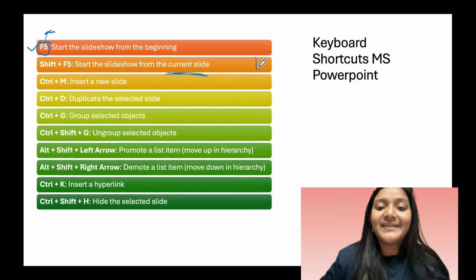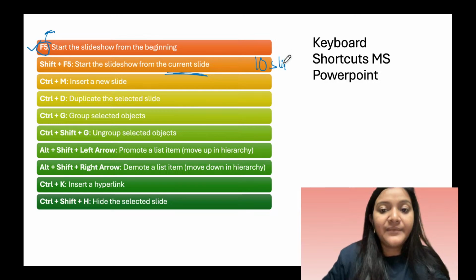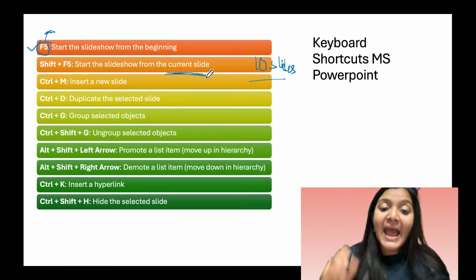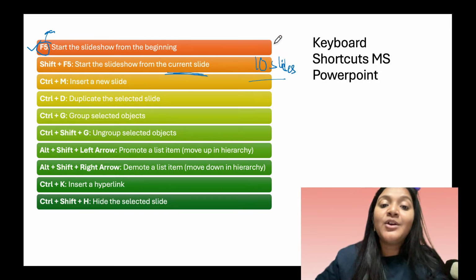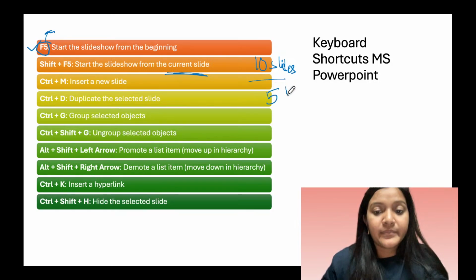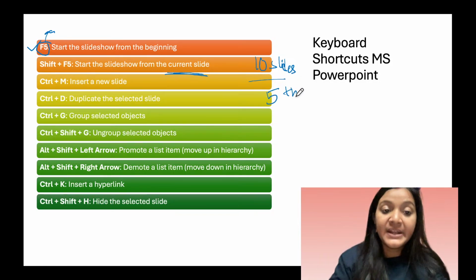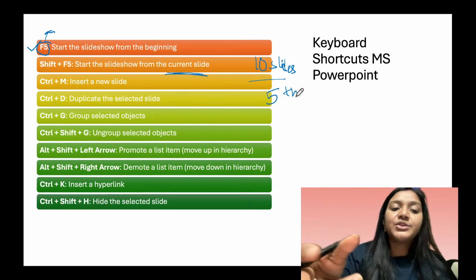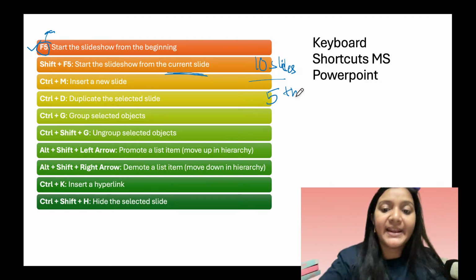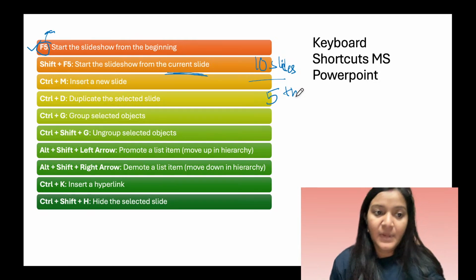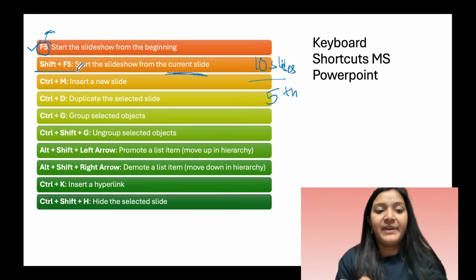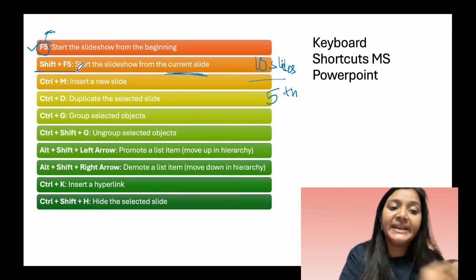Let's say we have 10 slides in the presentation, and I am working on the 5th slide right now. I want to do a slideshow immediately from this slide, not from the beginning. So you have to press Shift plus F5. If you do F5, it will start the slideshow from the beginning.